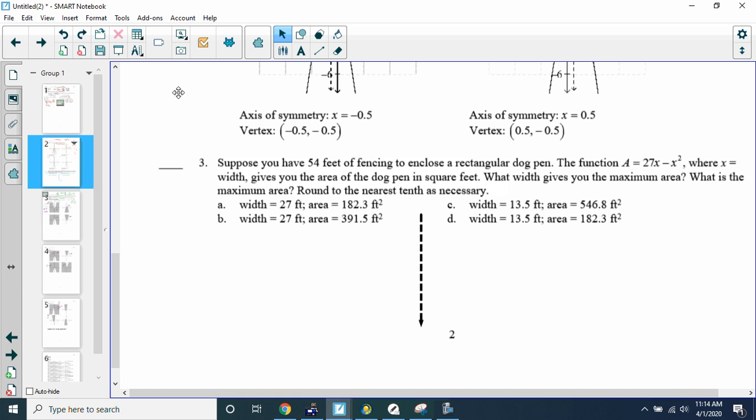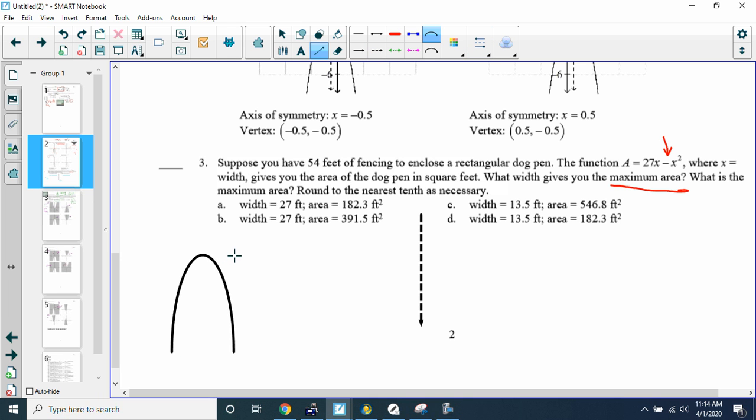Whenever it says maximum or minimum, it's looking for the top of the parabola. In this case, it's a sad face parabola because it's a minus x squared. So if I were to draw this, it would be a sad face parabola, and it would be a maximum, as in Monday's homework.